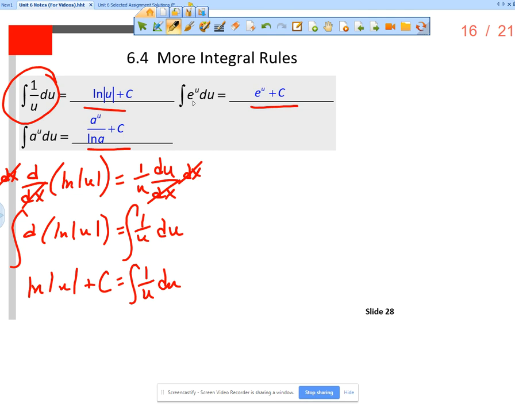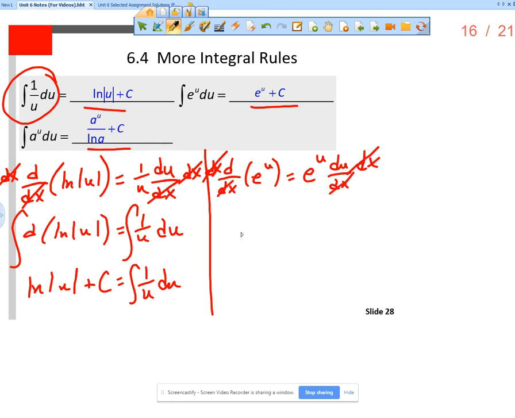All right, the next one, the integral of e to the u. We remember that the derivative with respect to x of e to the u is e to the u times du dx. Simple. We multiply by dx, and so we get, not the integral yet, d e to the u equals e to the u du.